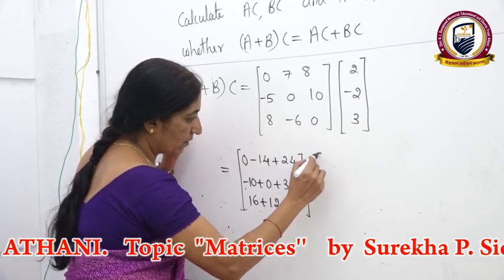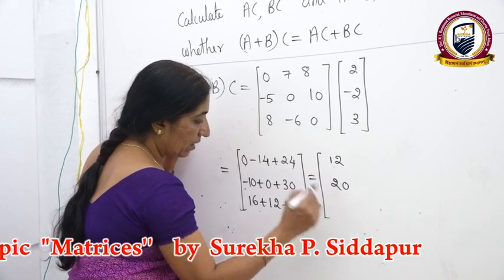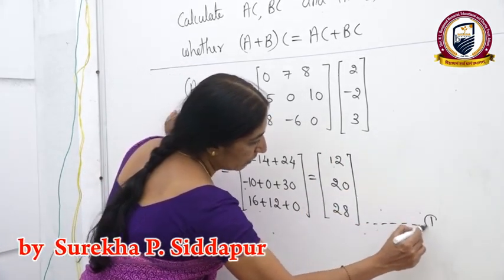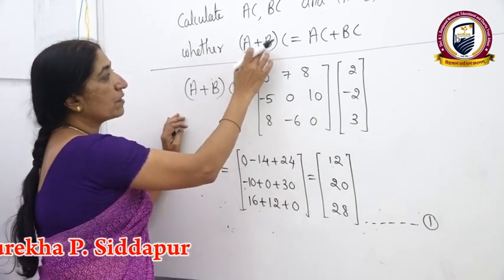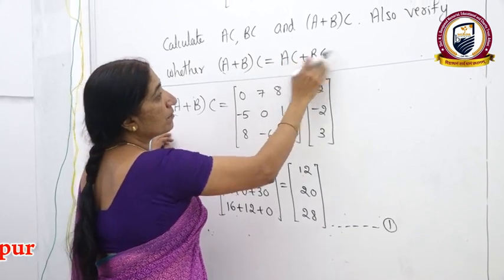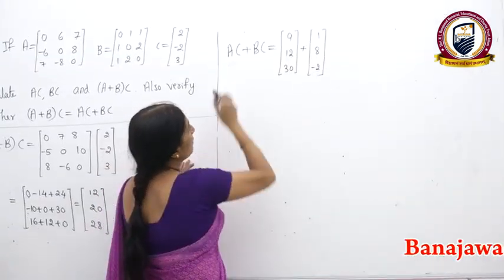Add this. What is it? 12, and this is 20, and this is 28. What about this value? This is nothing but equation 1 that we calculated, A plus B into C. Now we are moving to AC plus BC. Now I am giving AC plus BC.